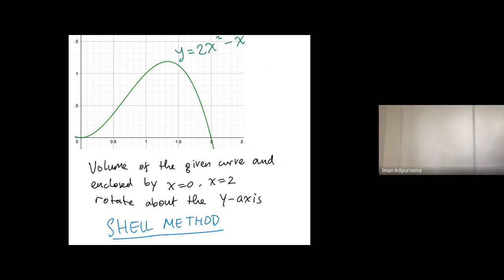This volume. Integrate the area first, then you need to find the parabola here and integrate from here to here from this parabola, and then rotate.